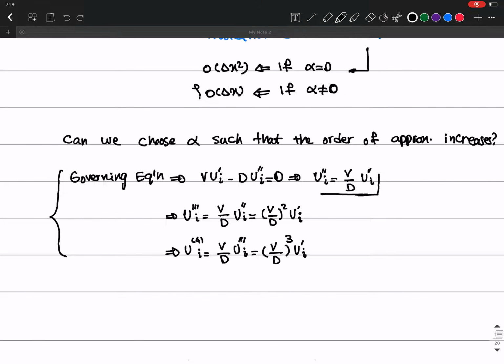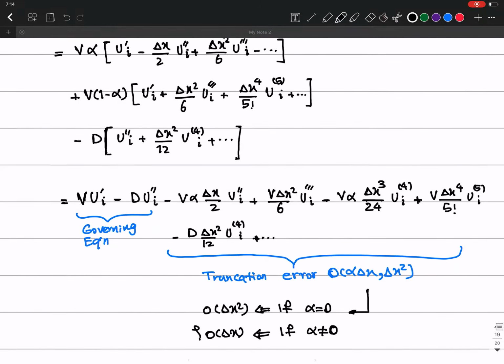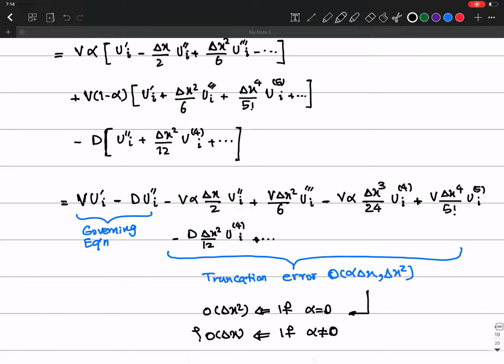The whole equation is going to be equal to v u prime i minus d u double prime i plus... What I'm going to do next is take a factor of u double prime i and write the other terms based on that.